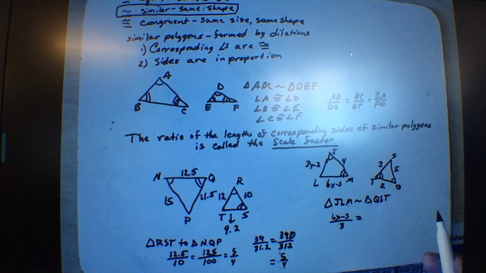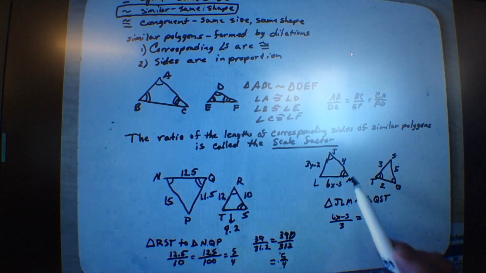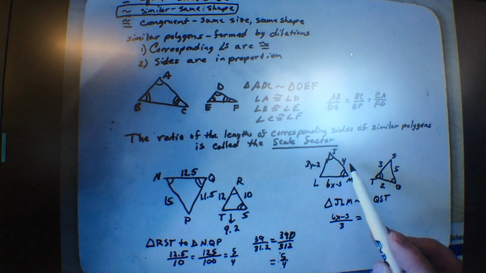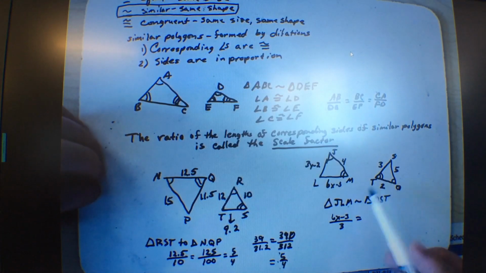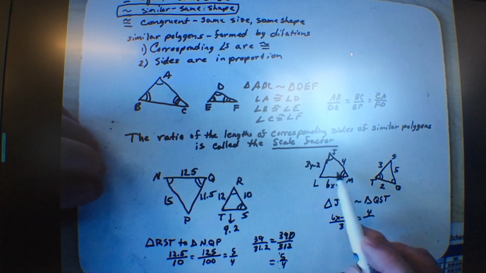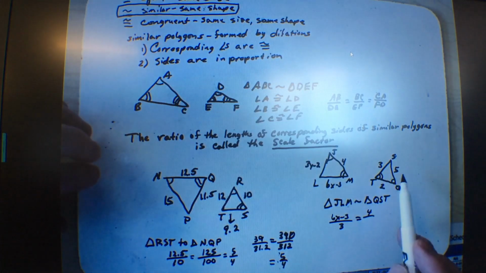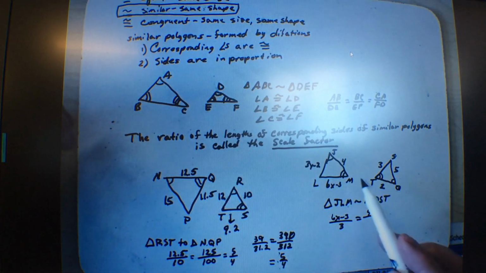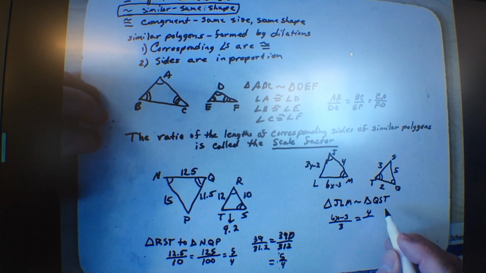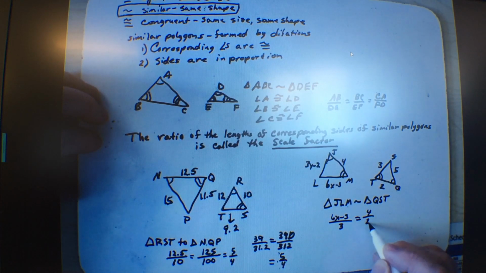Equals, now I have to get 2 corresponding sides that are there. And the only one in this triangle that is a solid number is 4, right? So I put 4 in the same spot that I came from. So I go from this triangle to this triangle. And what matches JM? QT, which is 2.